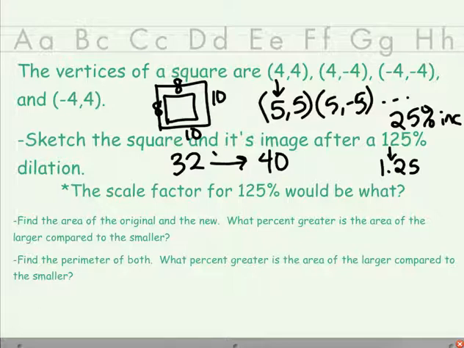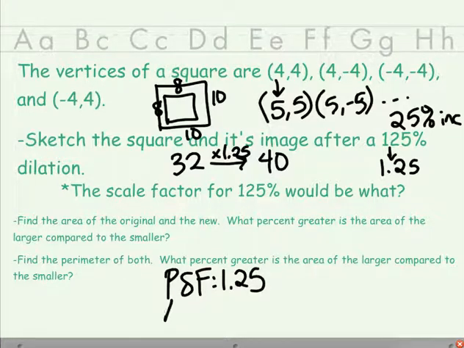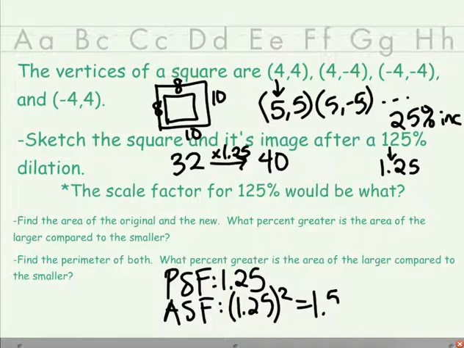So this is times 1.25, meaning our perimeter scale factor is 1.25. Well, based on what we learned on the other page, my area scale factor should be 1.25 squared, which is 1.5625. Well, let's see if that's true.